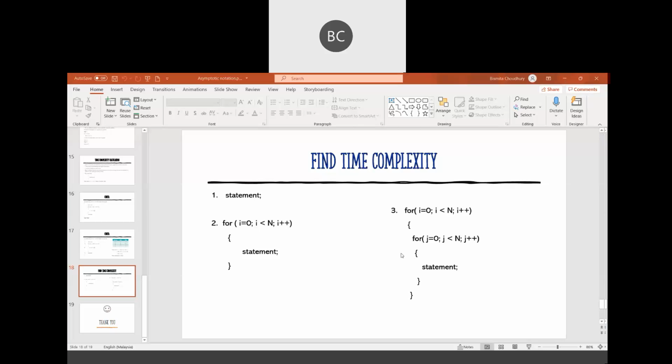Complexity for these three? So answer for the first one.